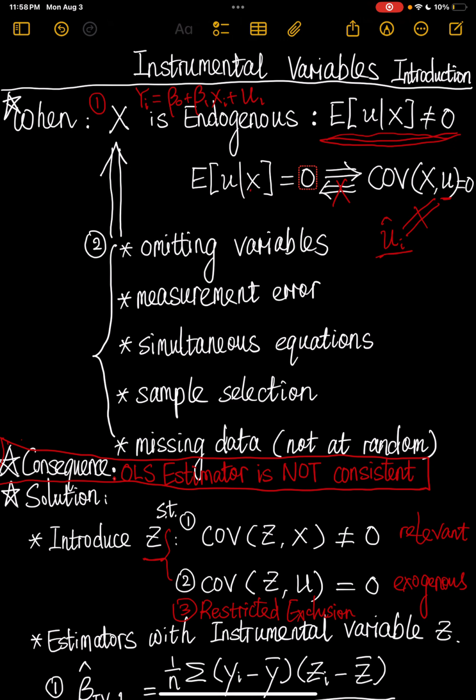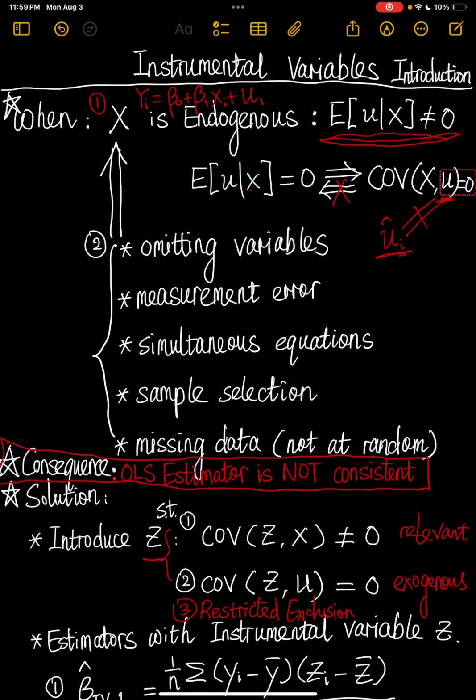Okay, but then we would talk about how this residual vector and this error term differ, in terms of their sample covariance and so forth, a little bit later.